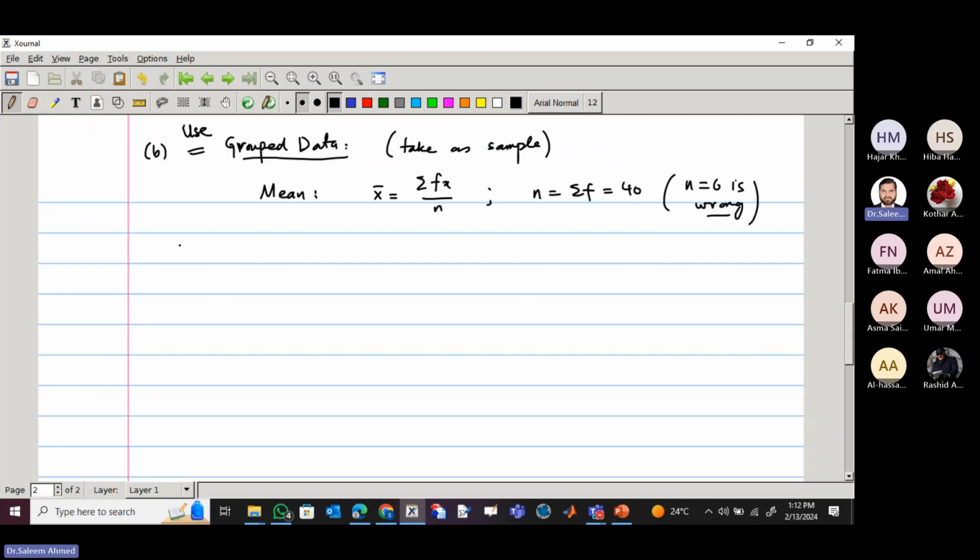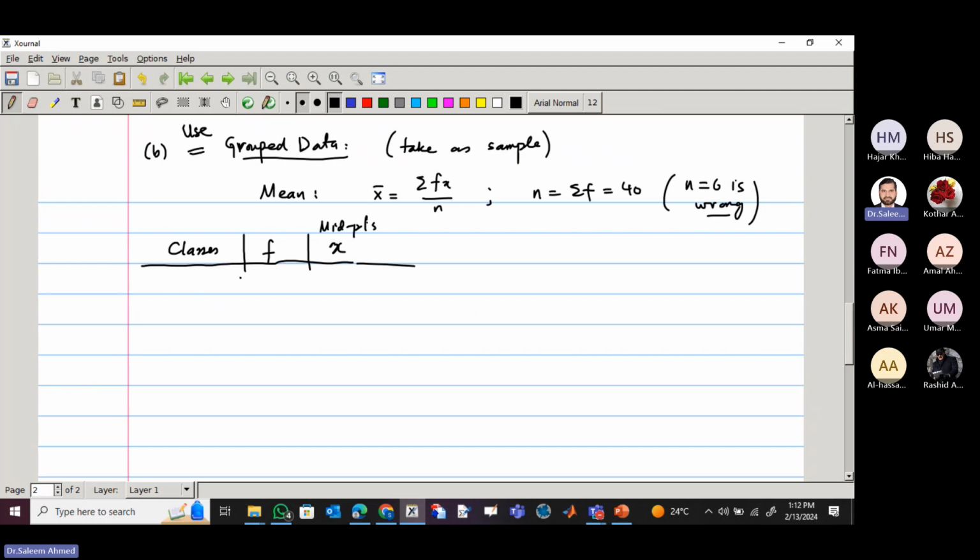So from the classes, I will make X the midpoints. These are called midpoints or class marks. They say class marks as well, but midpoint is common.